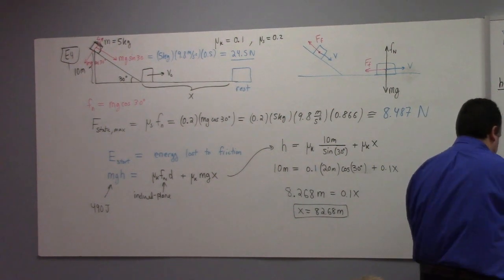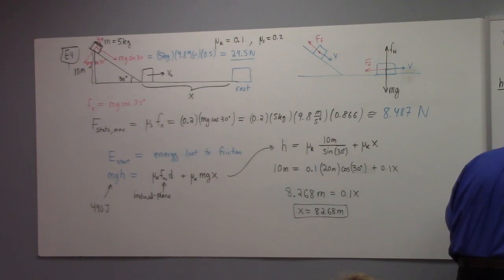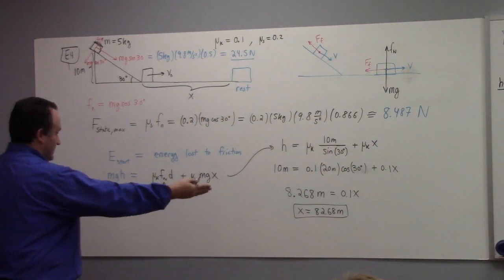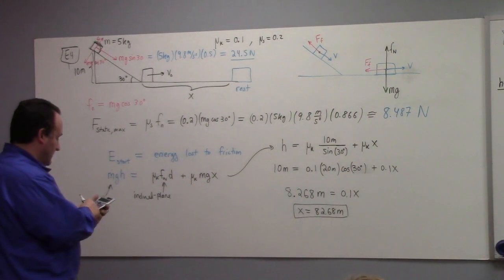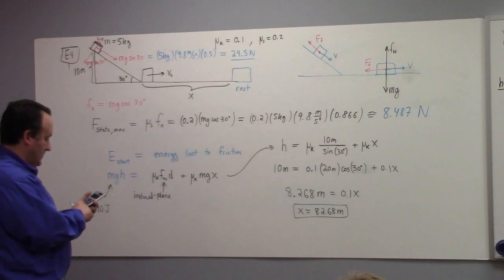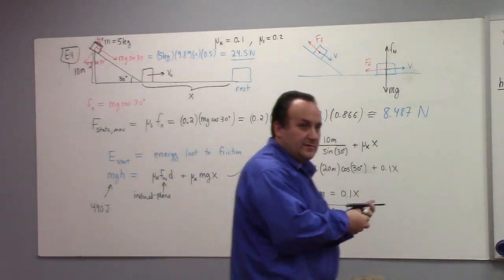I get 405.1 joules. So how much energy did it lose to friction as it was sliding down the incline? You subtract these, right? So 490 minus 405.1, I get, it lost 84.9 joules in the process of sliding down the incline part.